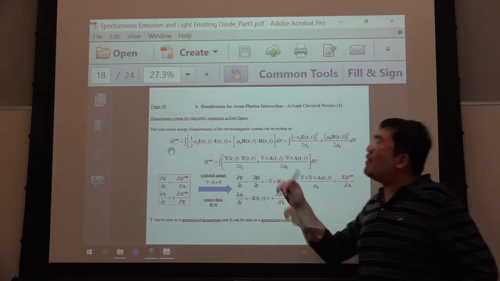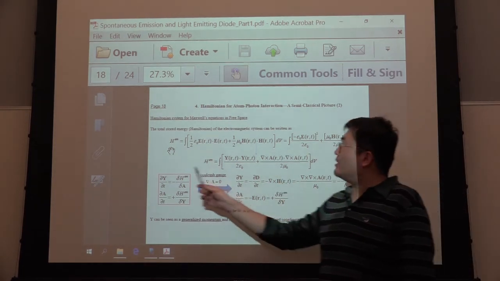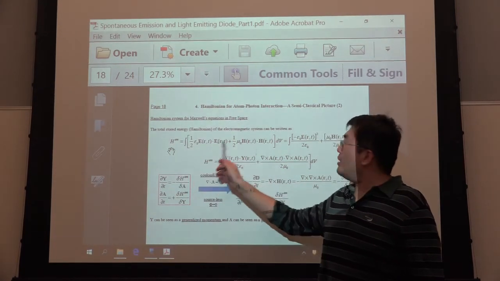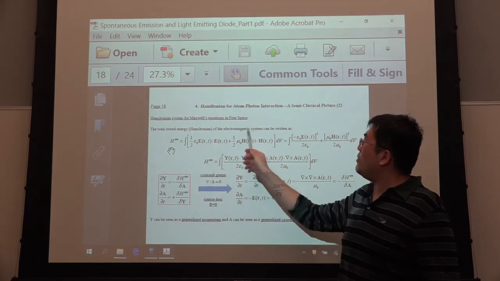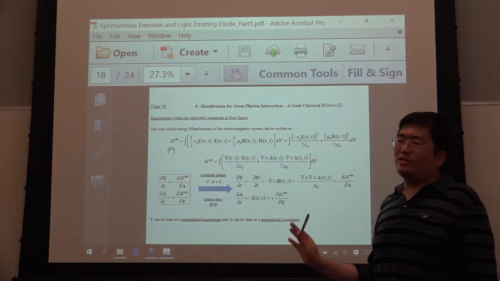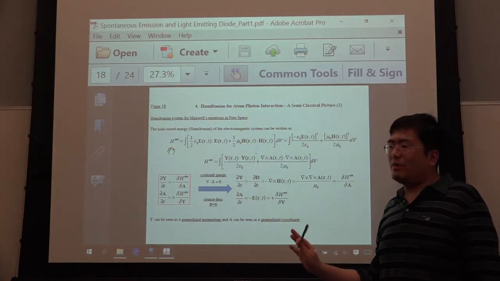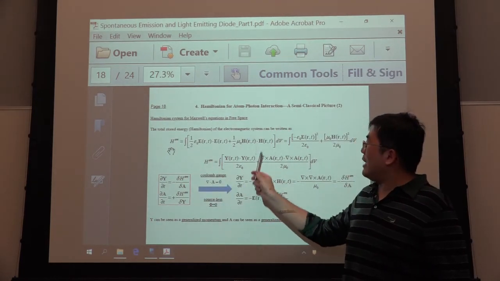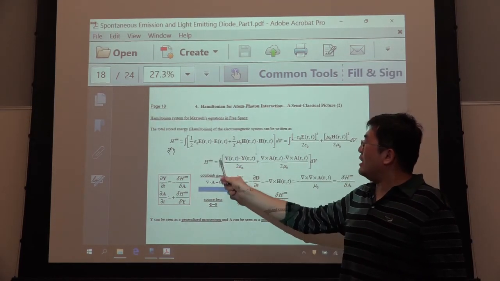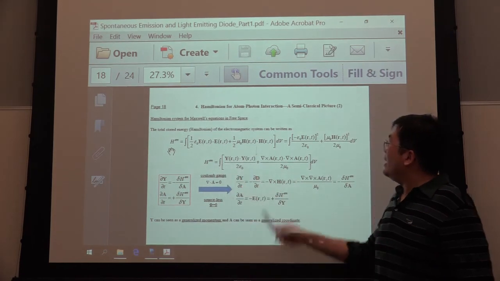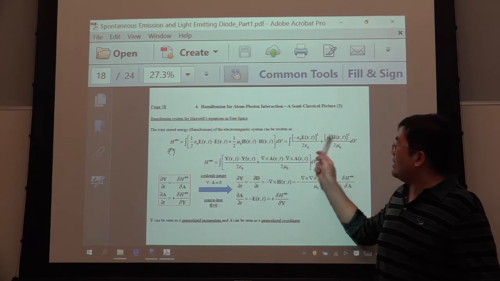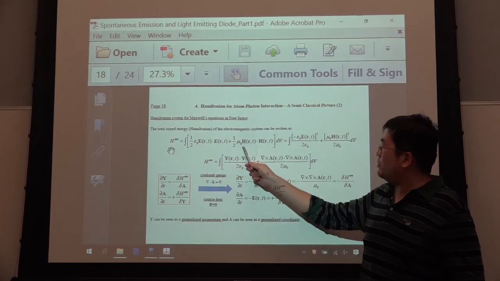You can see that for EM, the Hamiltonian equation also holds. For EM, we know the total stored energy is 1 over 2 epsilon E squared plus 1 over 2 mu H squared. This is the total stored energy in an electromagnetic system. Here I choose the electric flux and then a vector potential to denote the B field.